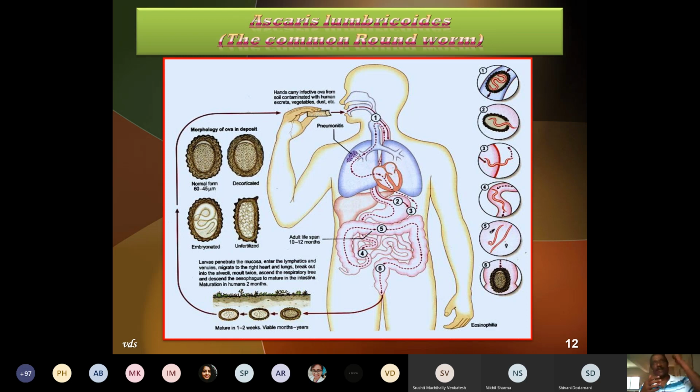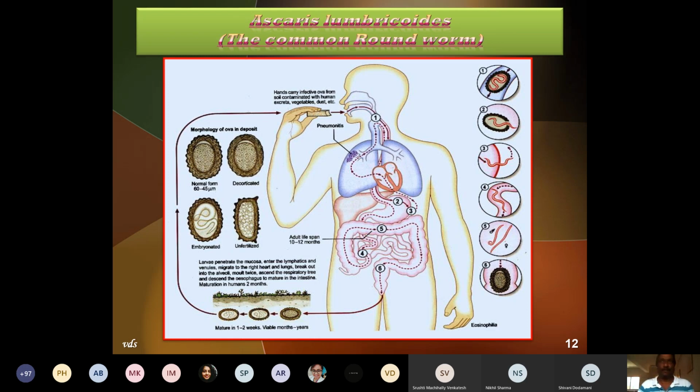During this migration, this larva is feeding and growing. As it reaches the lungs, which is said to be the site of localization, it comes out through the pulmonary capillaries and reaches the alveoli. It reaches the alveolar space where it settles, which is said to be the first site of localization of this parasite. In the lungs, they settle and slowly start developing.